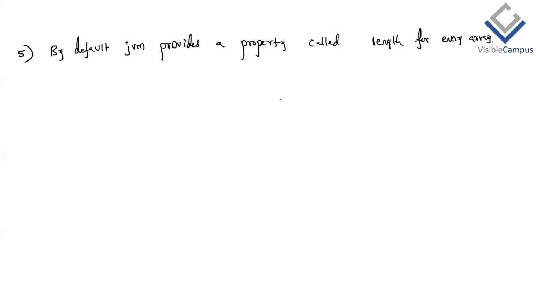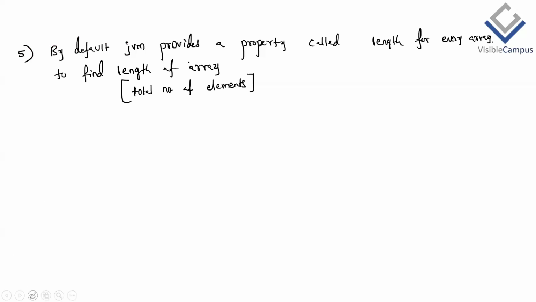It's JVM that will give that property. What is that? To find length of array. What's the meaning of this length? Total number of elements. Total number of elements of the array.